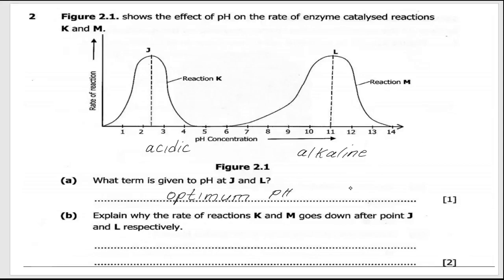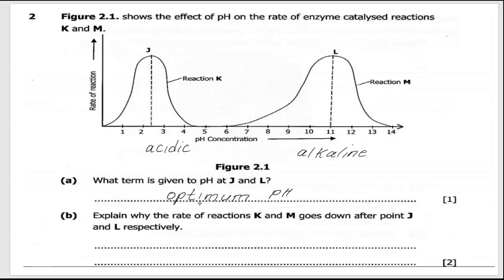Now since it is the pH scale in the horizontal part, we are therefore calling this the optimum pH. So the optimum pH or the optimum temperature is a region where an enzyme works at its best. Enzyme activity is at its best at optimum. In this case, we have J and L.